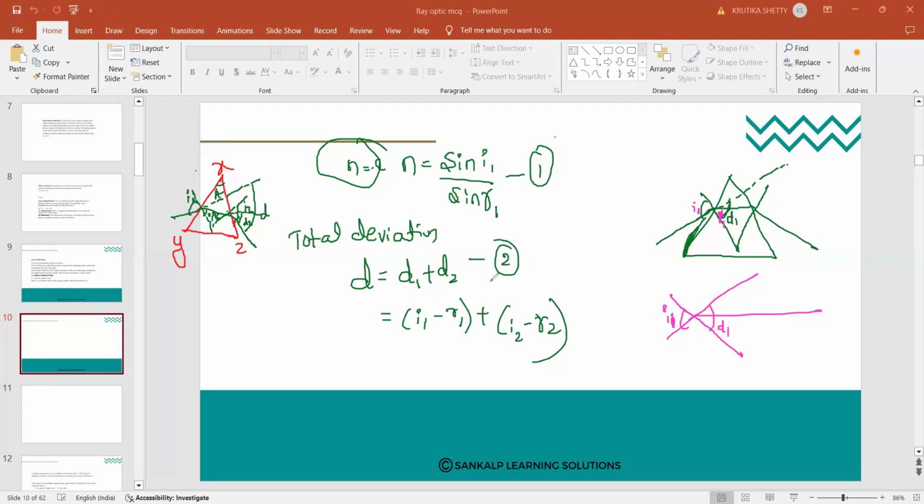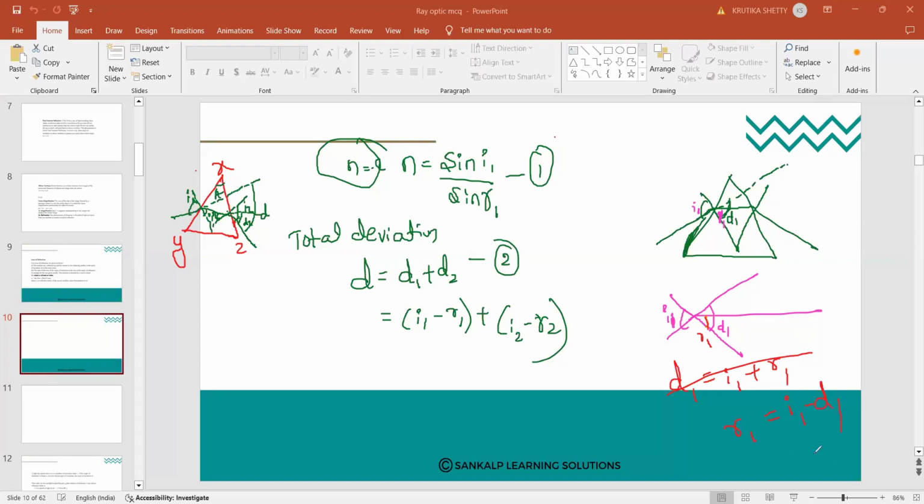And in between that, here we have R1. So what we can write here is the total D1 is equal to I1 minus R1, or you can also say that R1 is equal to I1 minus D1.